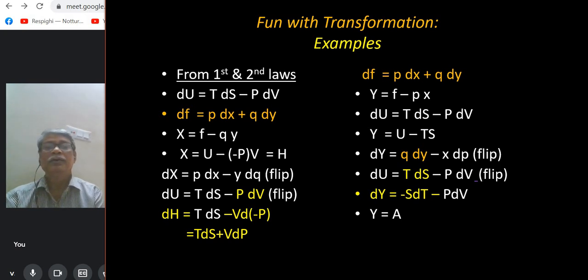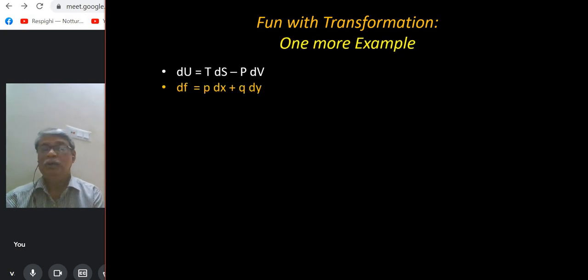Okay, so we have got two thermodynamic examples, and why not one more, a third example. That means if I want to eliminate both S and V, rather I want a new function in terms of T and P. So obviously now you can guess easily that I have to take a new function z, like f minus both qy and px.